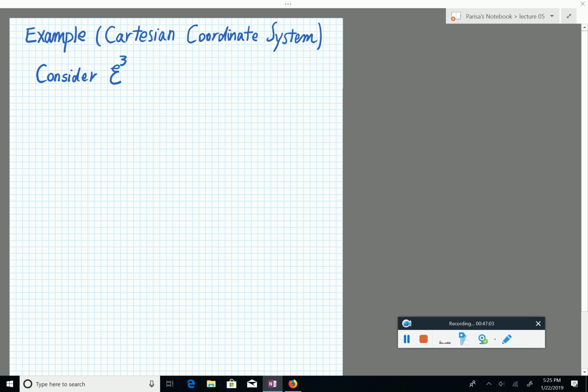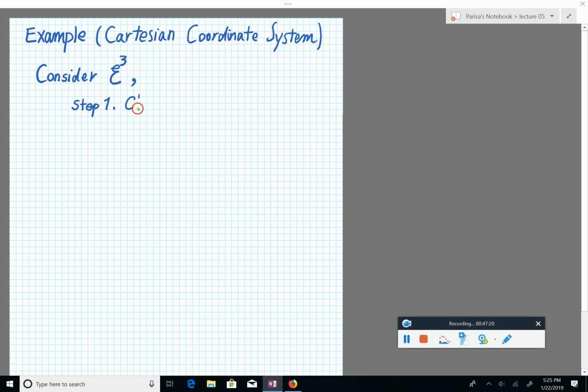2D or 3D Euclidean point space and see how we would define a coordinate system. The first step is to choose a point arbitrarily.